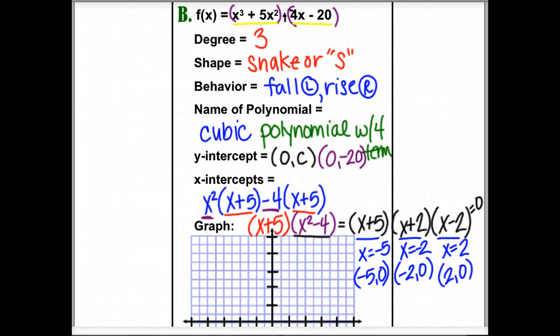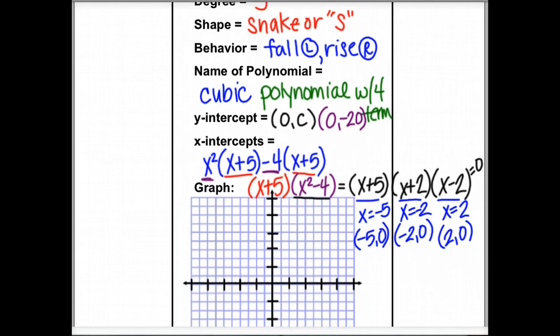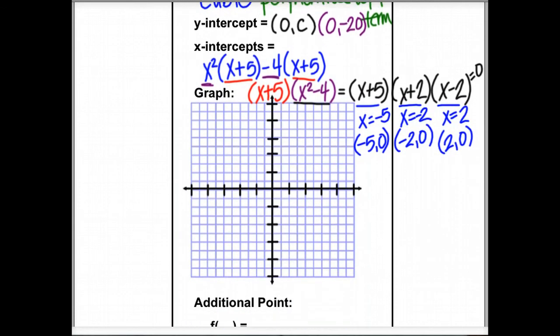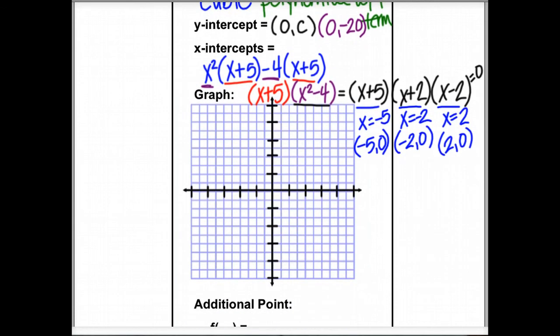Now that I have this information, I can start plotting my points. Since I have 0, negative 20, and negative 20 is a little bit on the big side, I'm going to go up by 2's. And so I'm going to mark down that my y-axis is by 2, and x-axis, I can actually keep it by 1. So I'll label those.